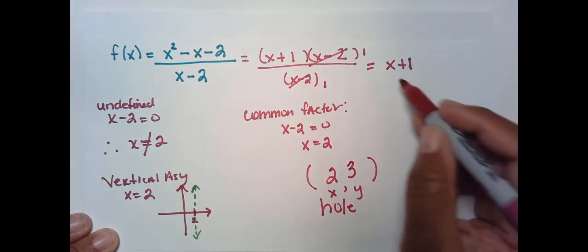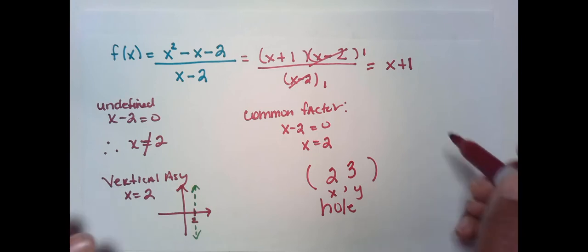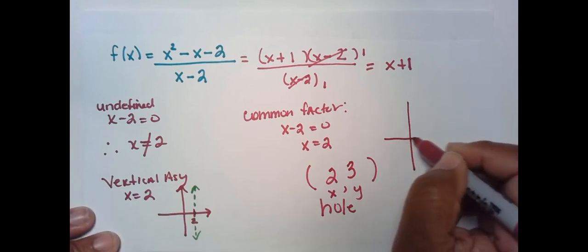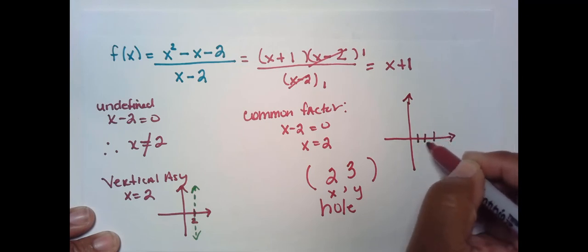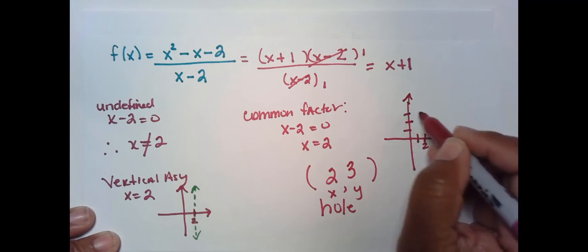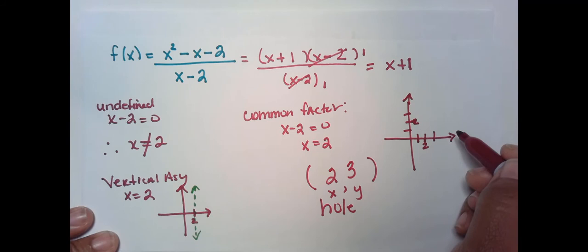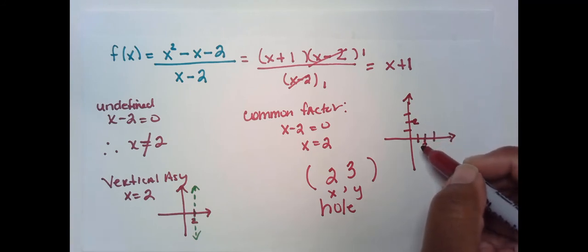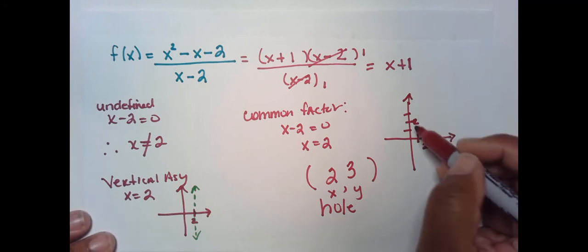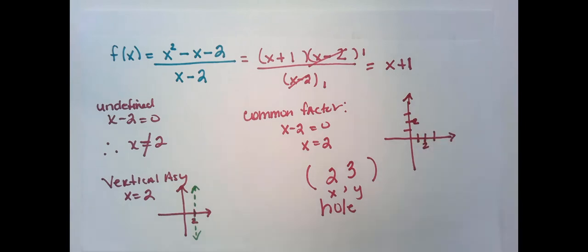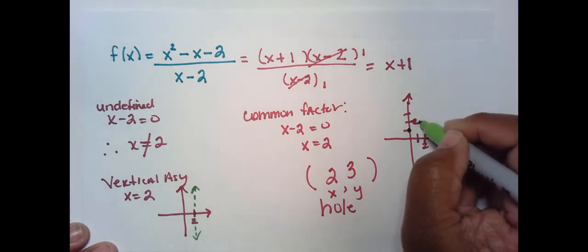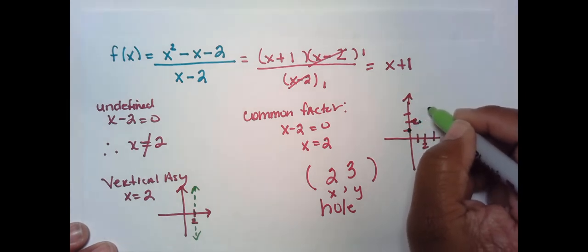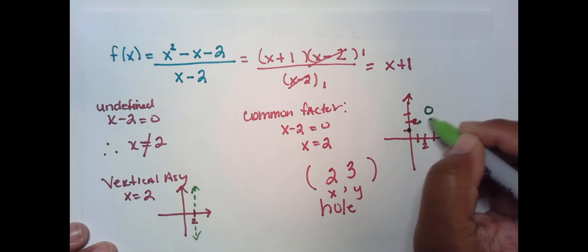So if we were to graph x plus 1, I just want you to see this. When we graph x plus 1, at (2, 3) there's going to be a hole.